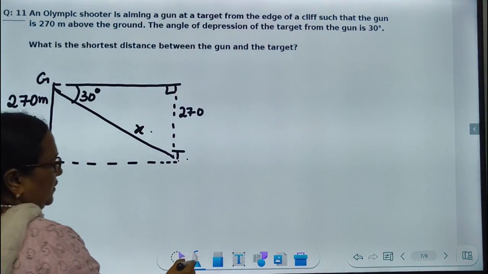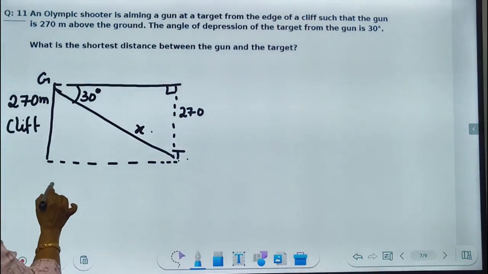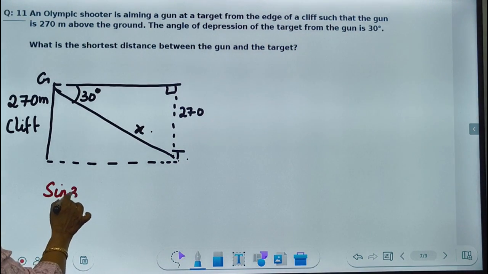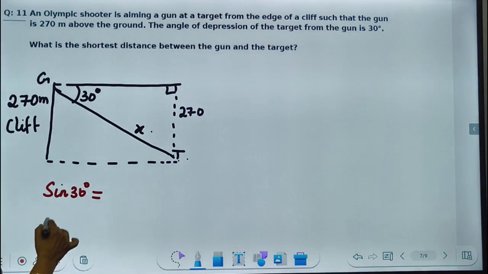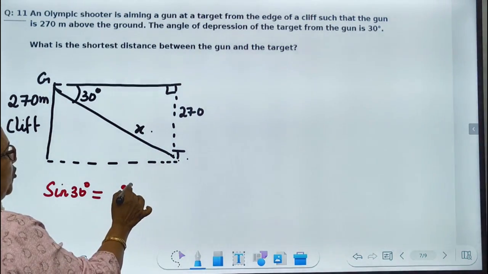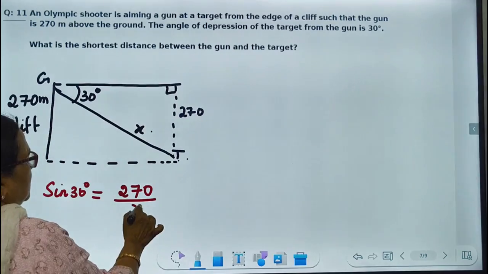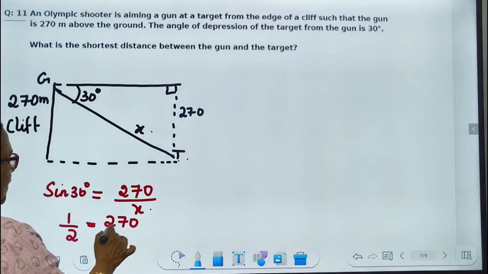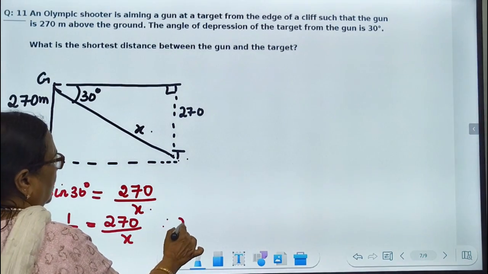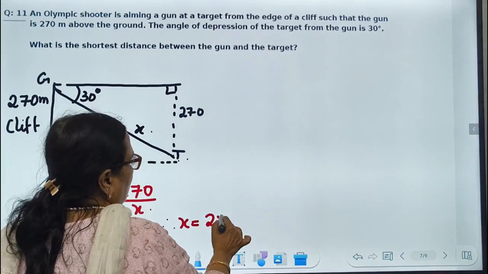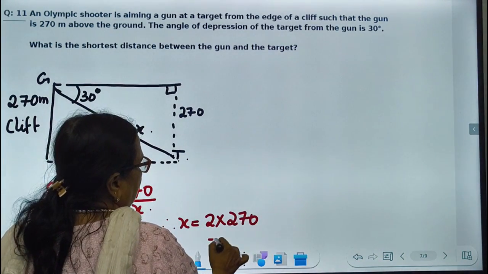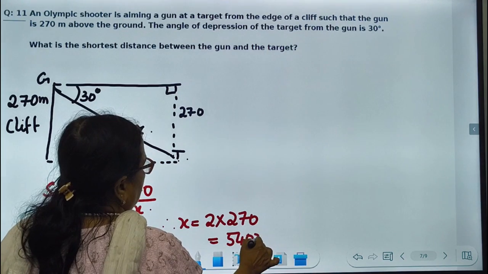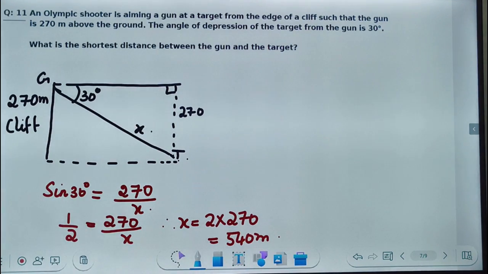So sine 30 degrees is equal to opposite side by hypotenuse, 270 by x. So half is equal to 270 by x. Therefore, x is equal to 2 into 270, which is 540 meters. So the shortest distance between the gun and the target is 540 meters.